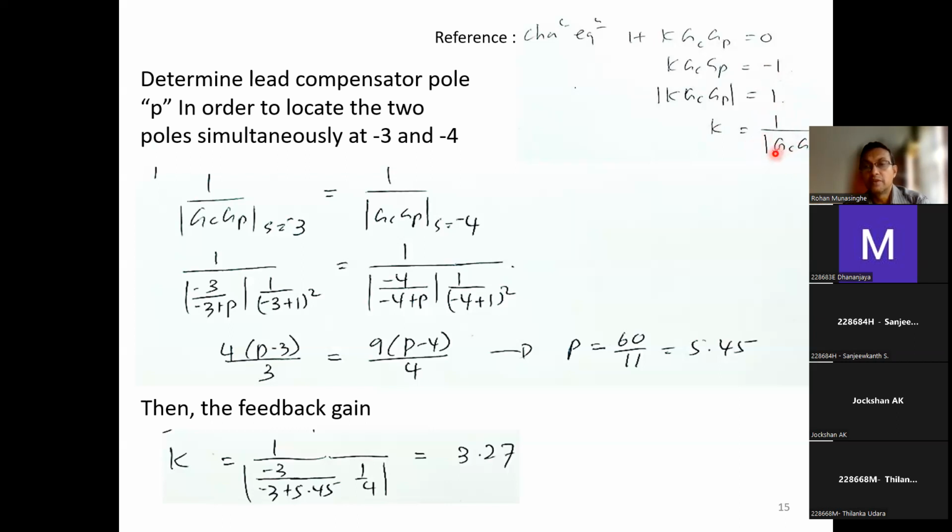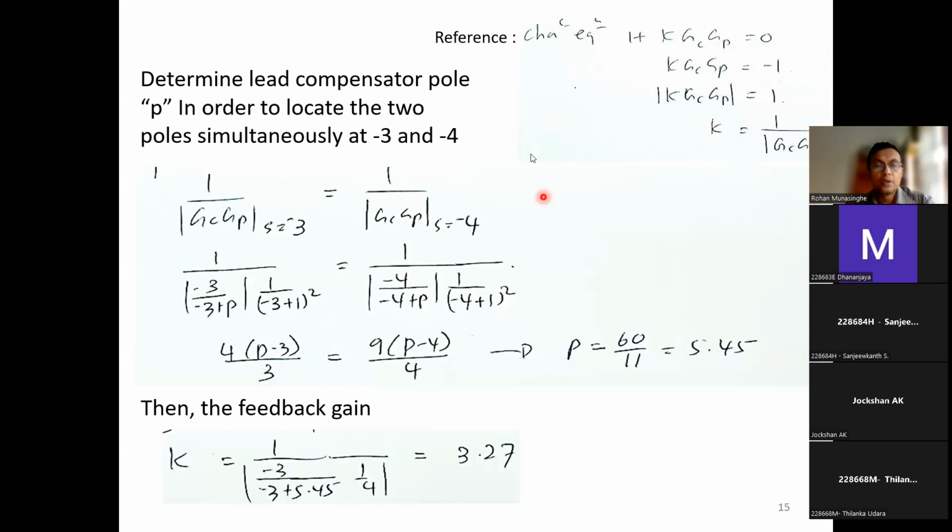If you get the magnitude of this and the reciprocal of that, you can calculate K, the feedback gain. So this is the relationship between the poles and the gain. If you know the pole location, you can calculate the gain. If you know the gain, you can calculate the poles, vice versa.